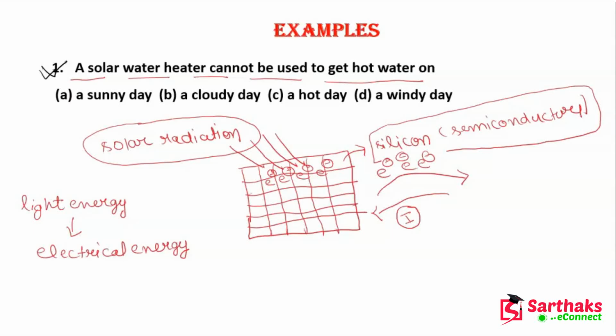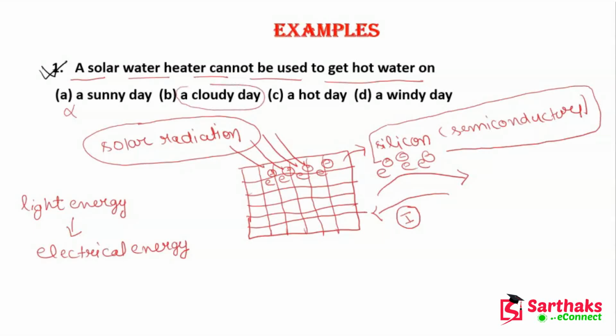So now come to our question. A solar water heater cannot be used to get hot water. The first option is a sunny day. This cannot be the answer because we all know that on a sunny day the solar radiations are available in enough amount. Now a cloudy day.